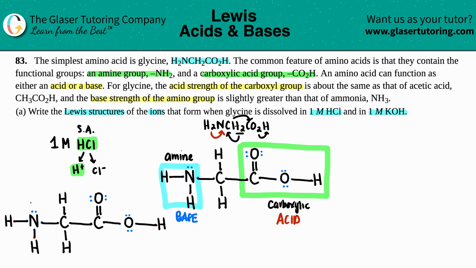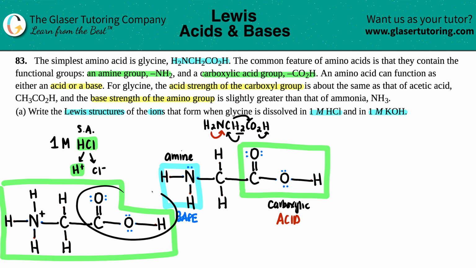If this nitrogen is going to snatch that hydrogen, those two electrons are going to turn into a bond and you add the extra hydrogen. And now if we did the formal charge, the nitrogen now has a plus sign on it, mainly because it gained a bond. And that would be the answer for the first one. This is what it would be in 1 molar HCl.